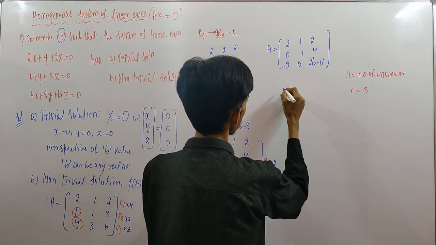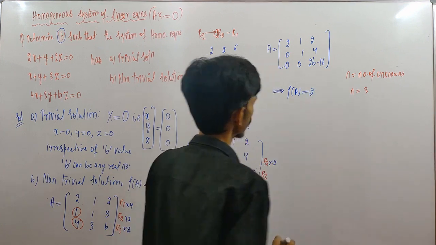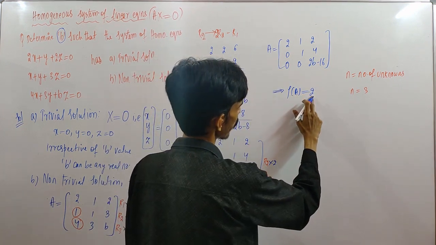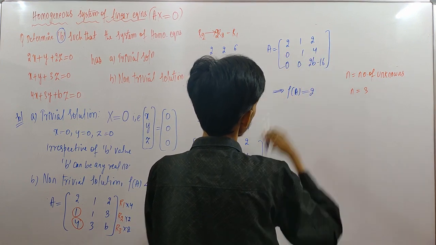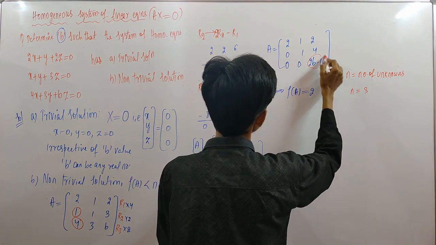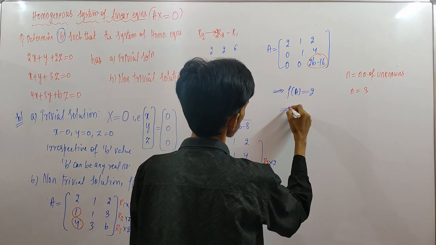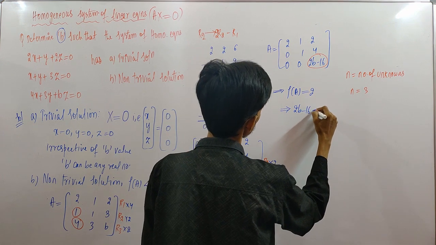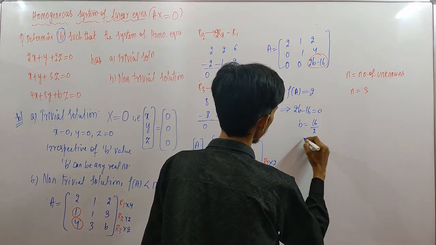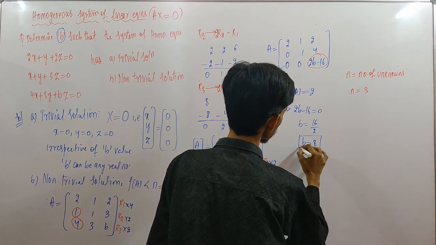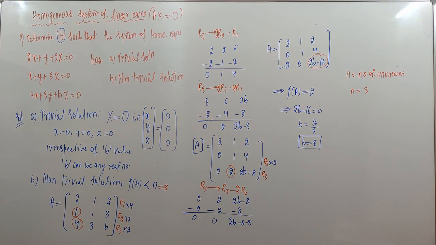For the rank to be 2, we should have 2 non-zero rows. The value of this element should be 0, then only we will have 2 non-zero rows. That implies 2b minus 16 should be 0. Then b equals 16 divided by 2, that is b equal to 8. For this value of b, the system has a non-trivial solution.